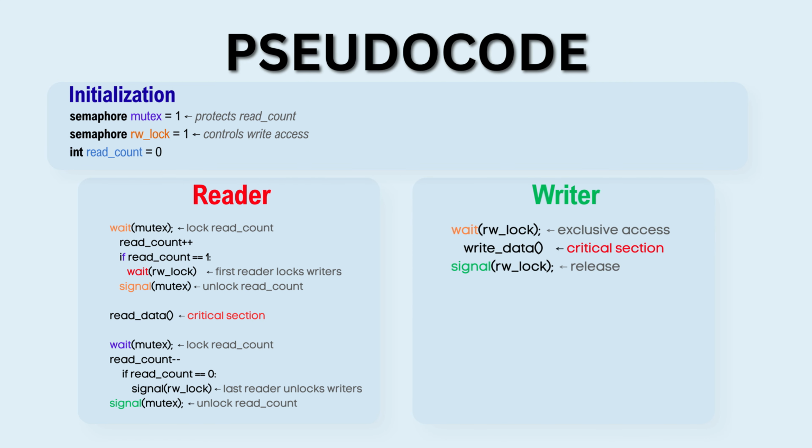Wait on RW lock to get exclusive access, write the data, signal RW lock to release the lock. Notice the asymmetry. The writer is just two meaningful lines. All the complexity lives at the reader end, specifically in the first reader and the last reader. The first reader acts as a gatekeeper that locks writers out. The last reader is the one who opens the gate again.